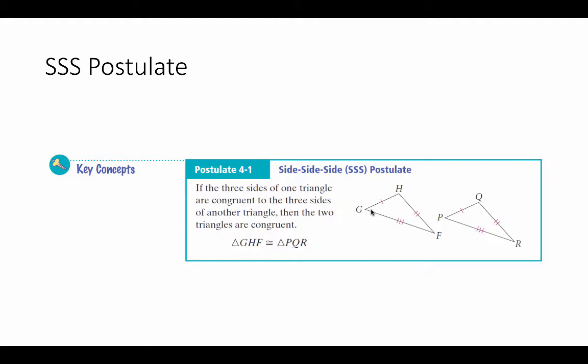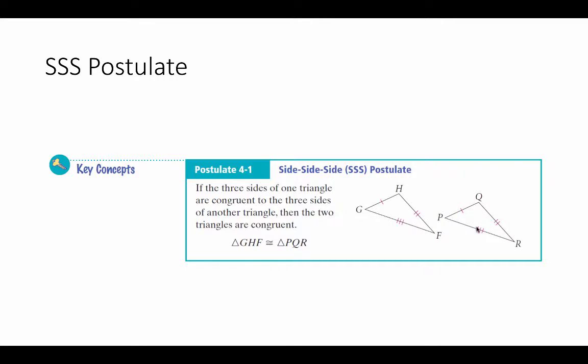So here we go. Here's the side side side postulate. It says if the three sides of one triangle are congruent to the three sides of another triangle. As you can see here, there's 1 tick mark, 2 tick marks, and 3 tick marks.